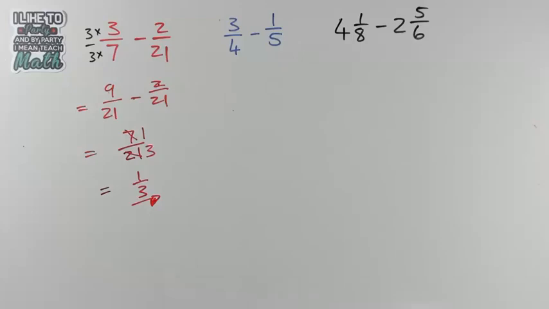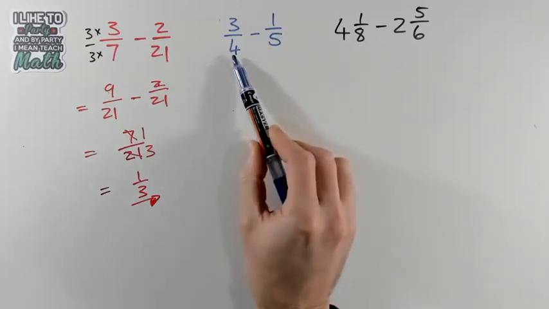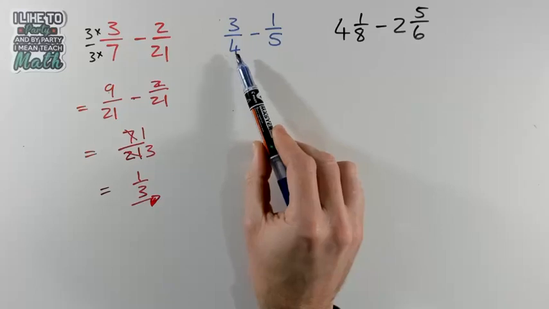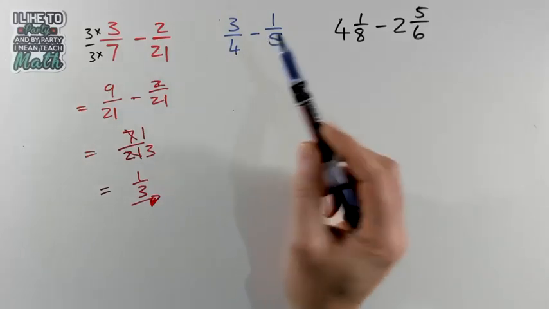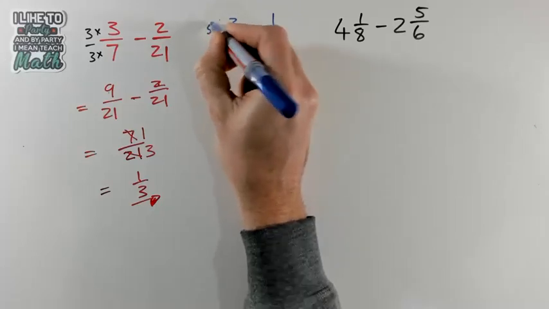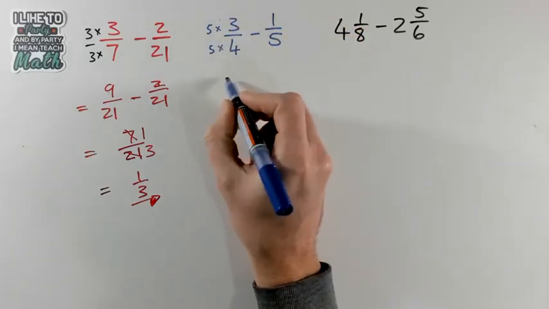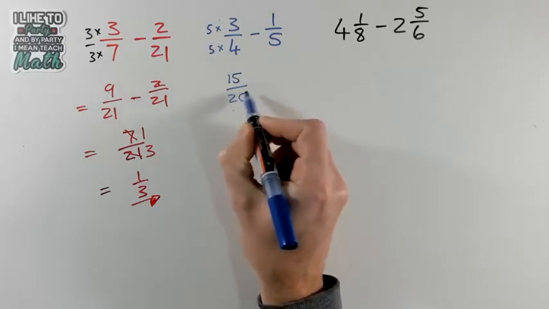Next one, so we have a 4 and a 5. The lowest common multiple between 4 and 5, I'm just going to get it by multiplying them with each other, and that's going to be 20. So I'm going to multiply this side with 5, and then 3 times 5 is going to give me 15, and 5 times 4 will give me 20.